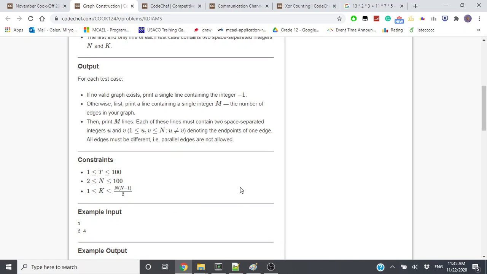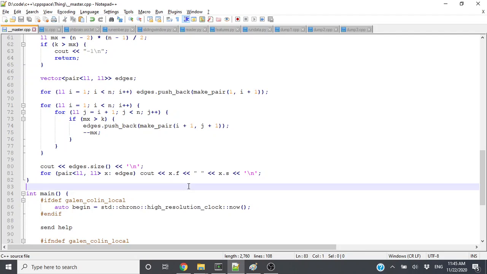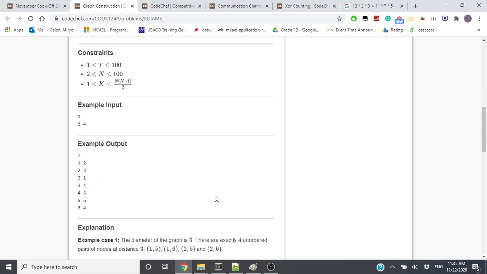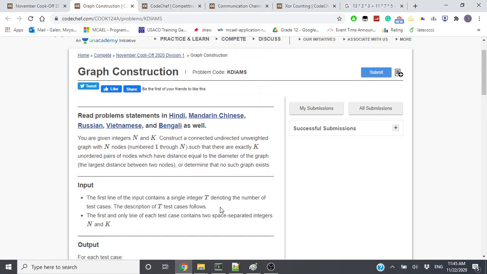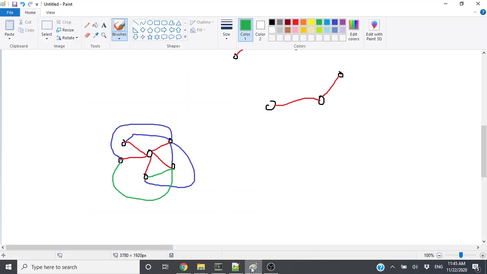Oh, it just must be different. Parallel edges are not allowed. I mean, yeah. I don't understand.